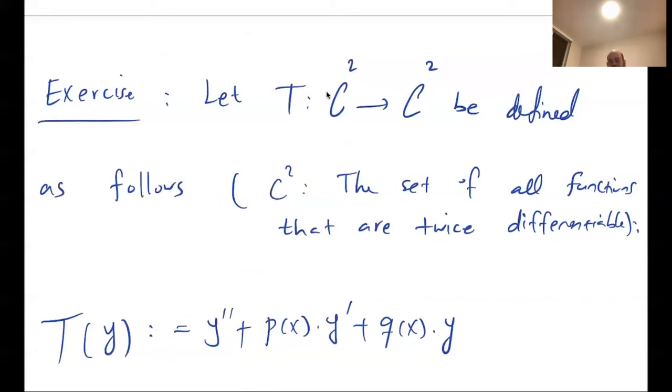Well, the domain is C2. So if I have an input in C2, meaning a function that is twice differentiable, I'm calling it y here. Then T of y means the output corresponding to y. I'm defining it as y double prime, which means the second derivative of y, plus p of x y prime plus q of x y. So this is a transformation from C2 to C2.